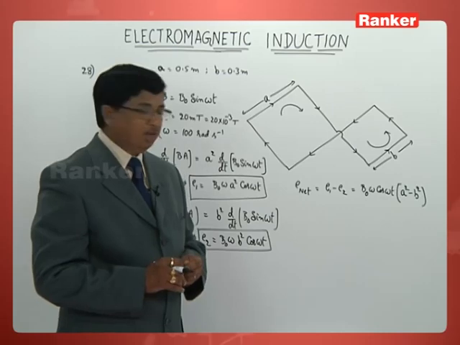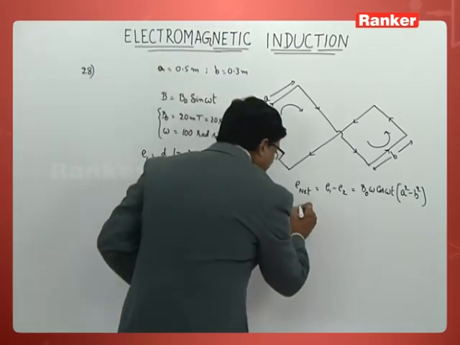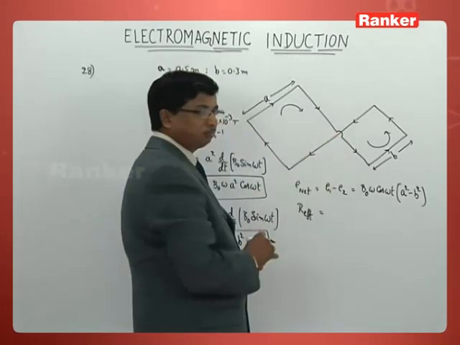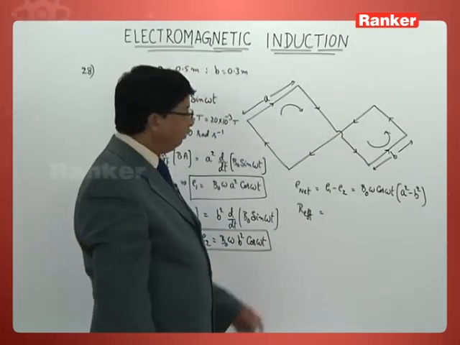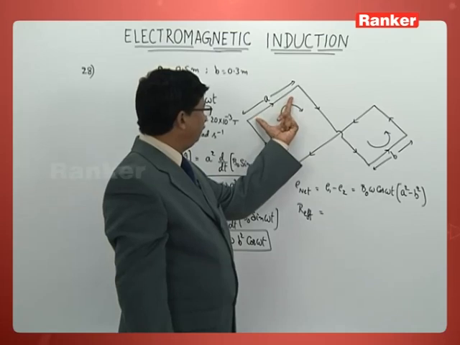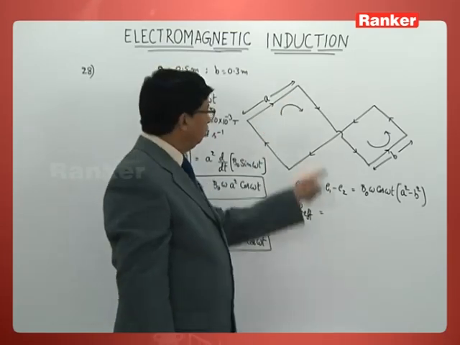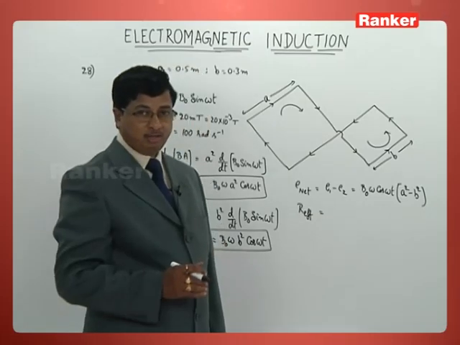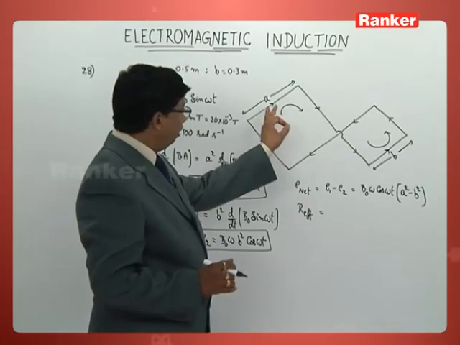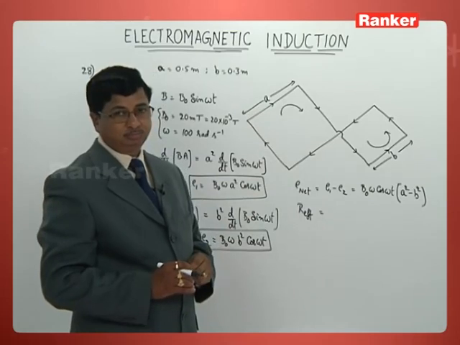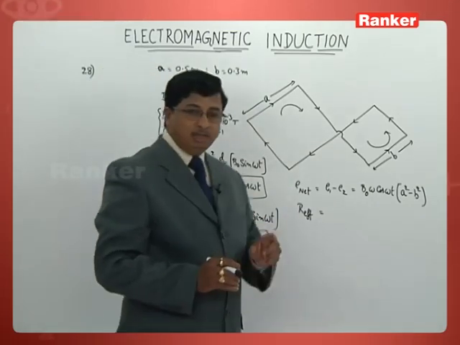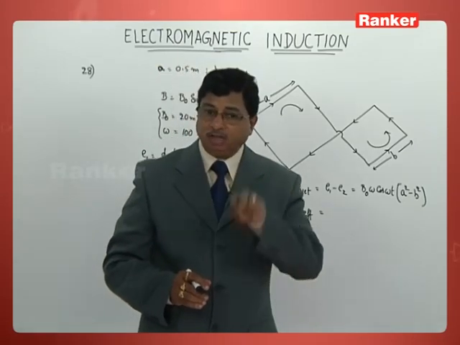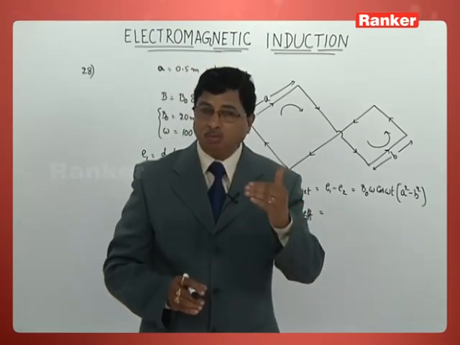Now, what will be the effective resistance of the system? You can all understand this is having A as its length. What is the total length of the square then? 4A. 4A meter if I take. Then he has mentioned resistance per unit length as 50 milli ohm.